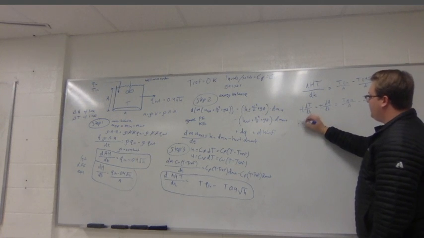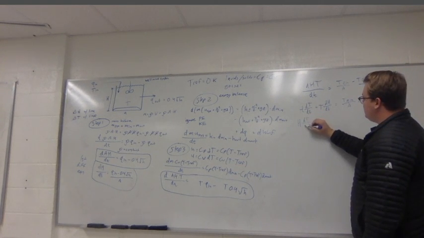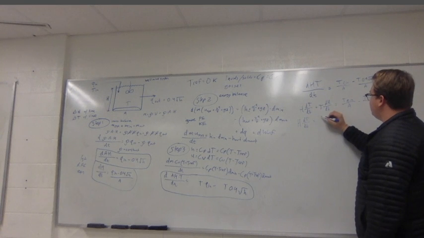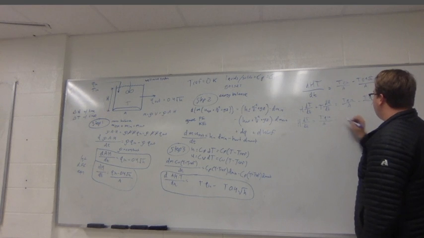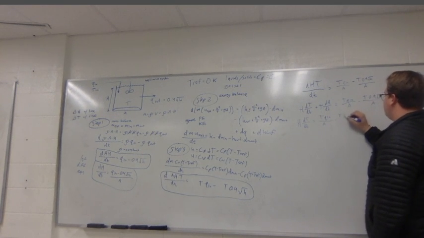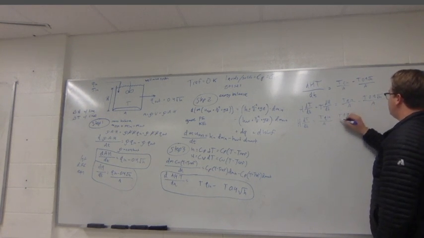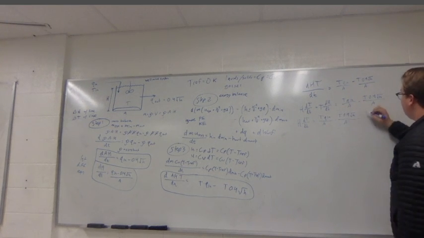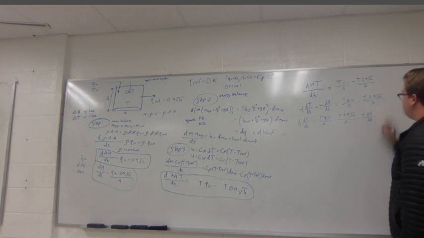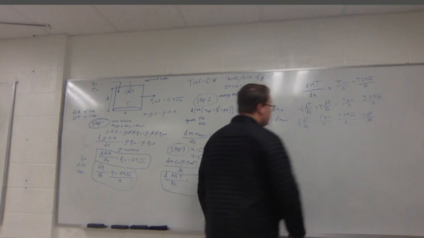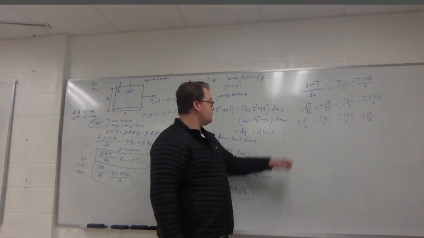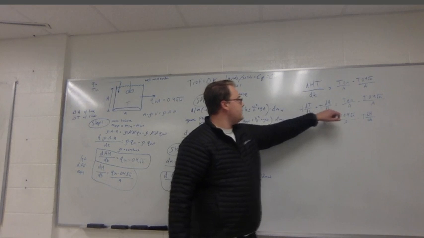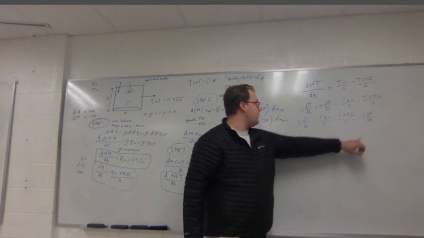So I'm left with h dT/dt is equal to temperature times flow rate in over area, minus temperature times 0.4 root h over area, minus, you can see, temperature dh/dt.